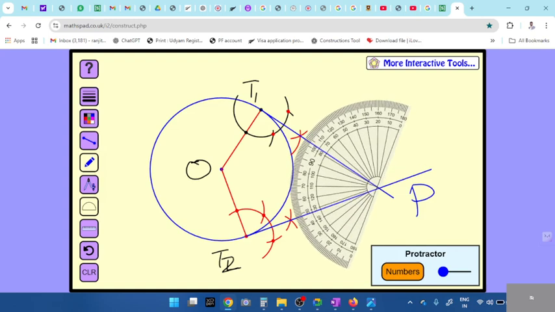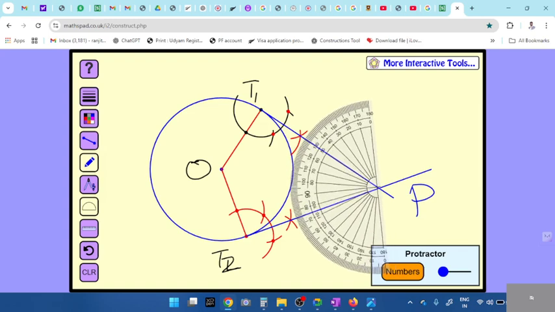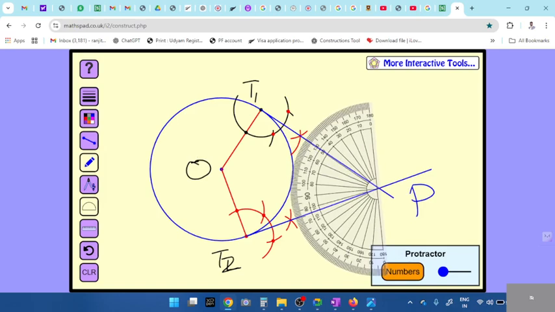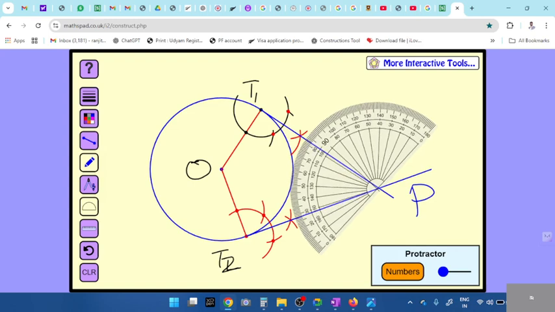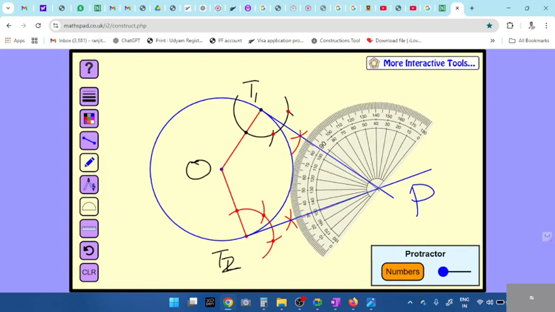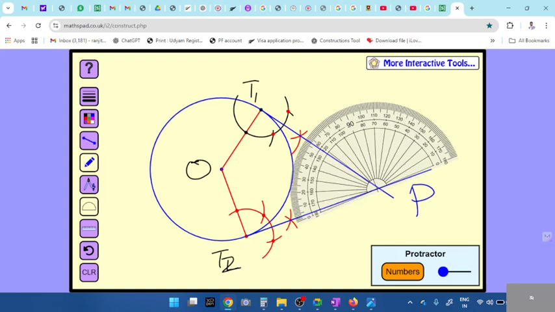Okay, if we keep it like this, check what you all got, students. Did you all get 60? I'm getting somewhere around 57. I should get 60.